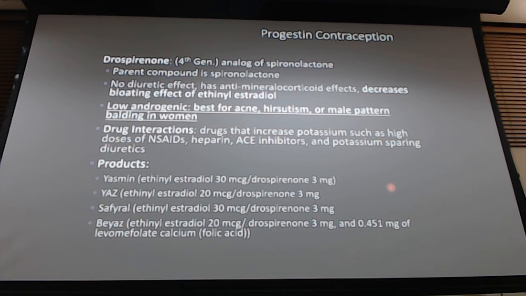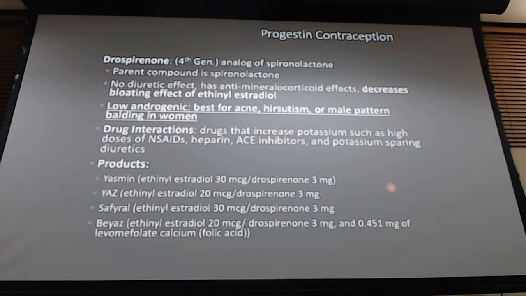So looking at our fourth gen, what you see here is that there are analogs of our spironolactone, which we talked about already. When we're looking at this, you see that it's not having the same exact mechanism as what we talked about with our spironolactone. So instead of thinking about diuretics and those types of effects, we're looking at the fact that it's trying to help decrease the bloating that they could potentially be experiencing from that estrogen component if it is combined in our combined oral contraceptives.